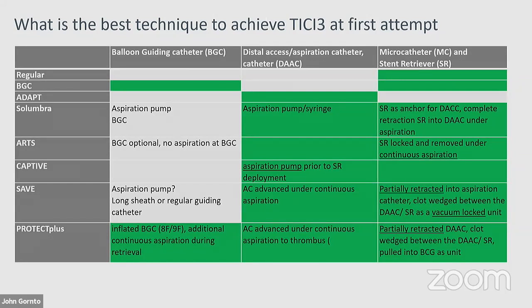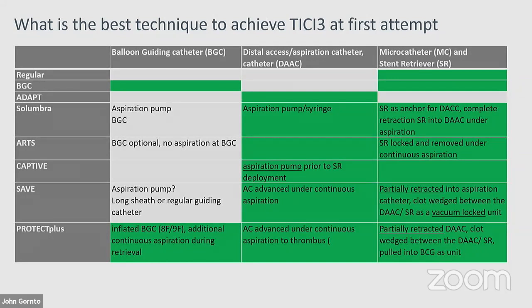But I think there are subtle differences between these combined therapies of balloon guide catheter, yes, no, majority don't use it. Distal access catheter is used by every one of these techniques, and microcatheter also, but the way it's used is different.